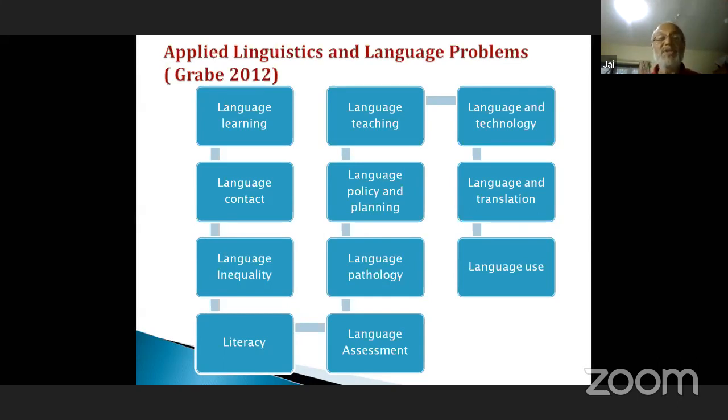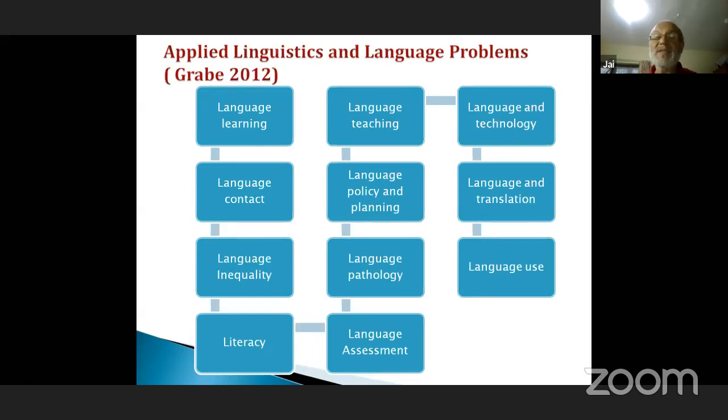Also language teaching, part of language learning. And then you've got language contact, problems in language policy and planning, problems in language inequality, and problems in language pathology, literacy, language assessment. I will talk about problems that have been raised in language assessment also. I'll give you an example.